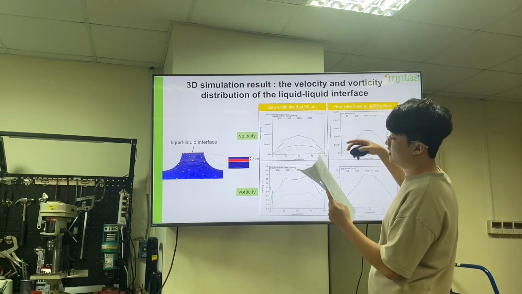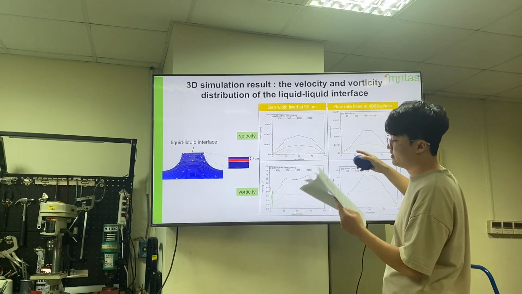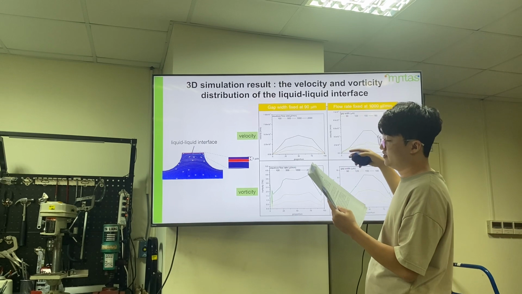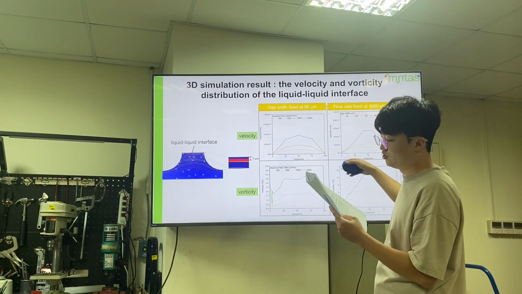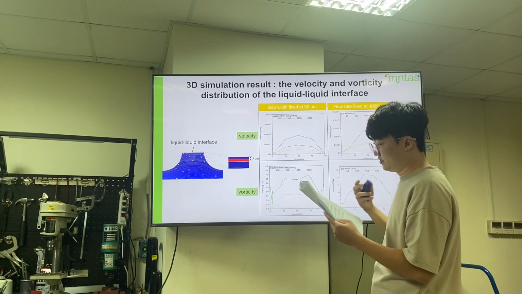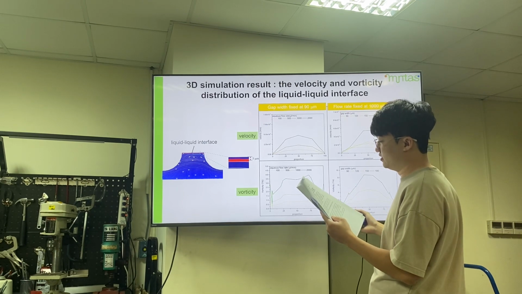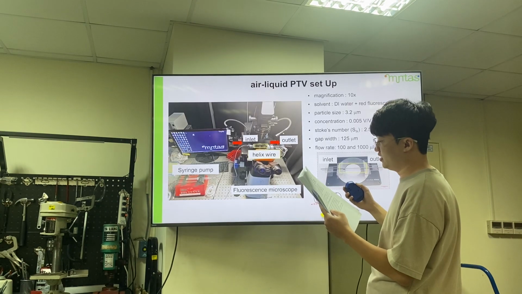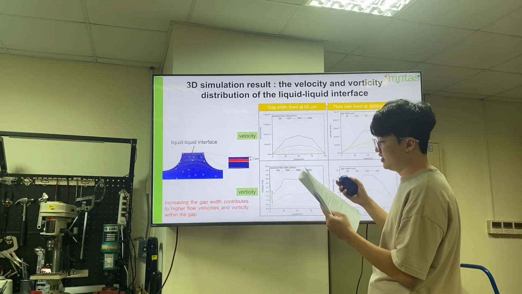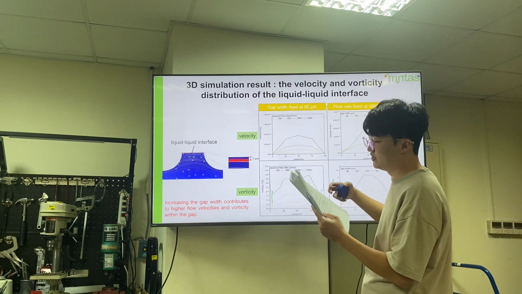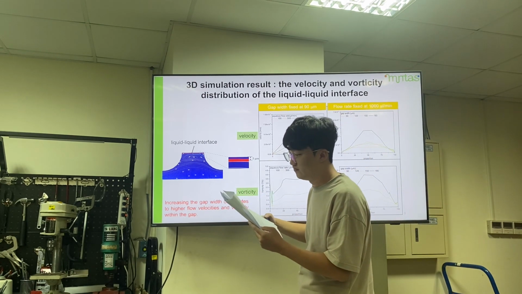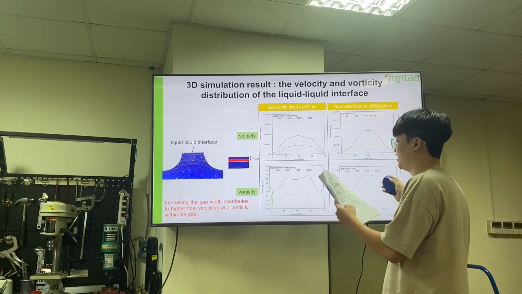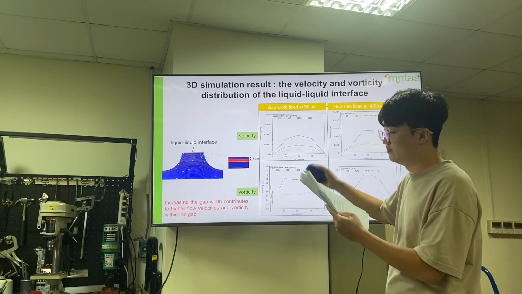However, the 150 micron gap displays slightly higher velocities, possibly due to the presence of dual vortex. Vorticity is correlated with the velocity, hence it increases with the escalation of flow rate. This is attributed to the large gap width, resulting in the higher internal velocities.